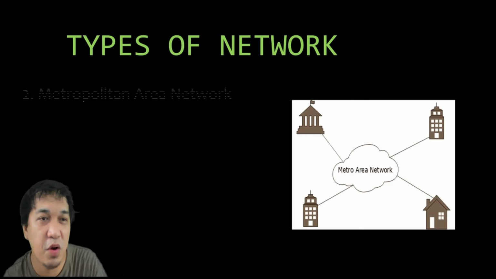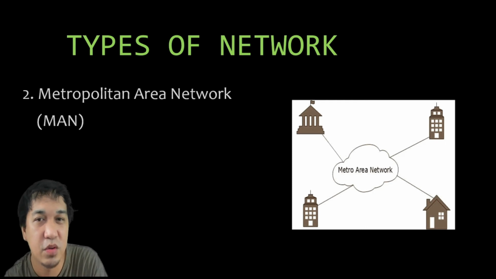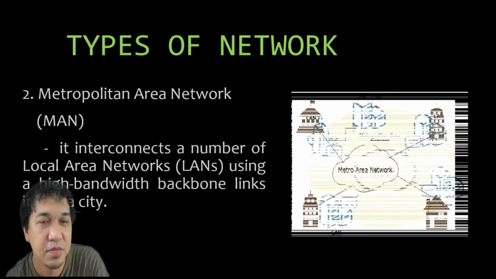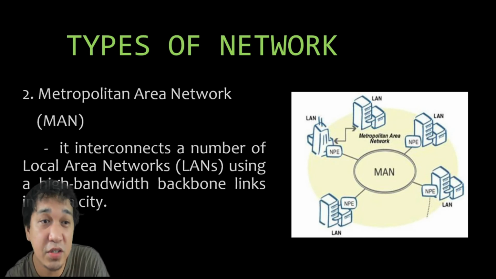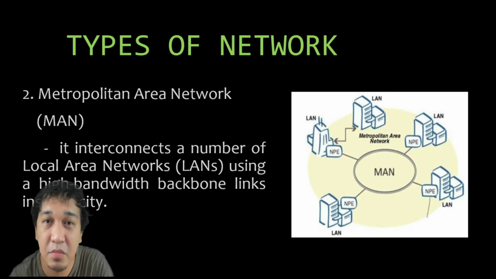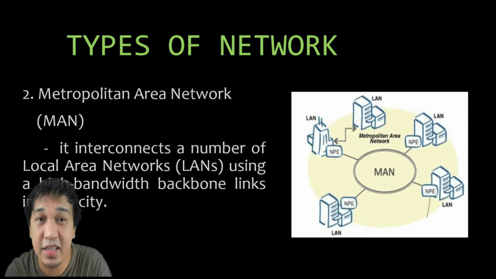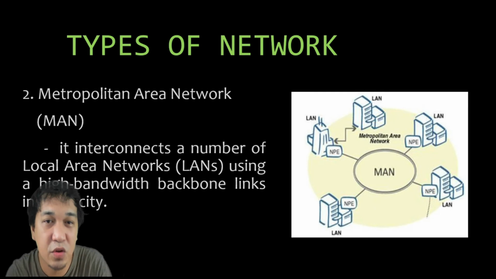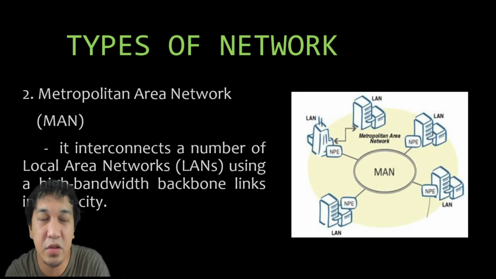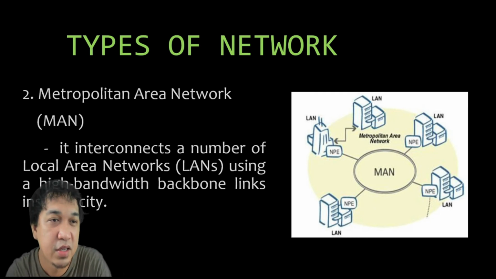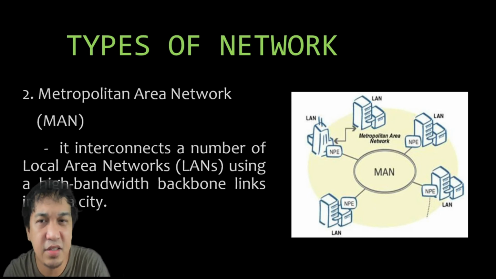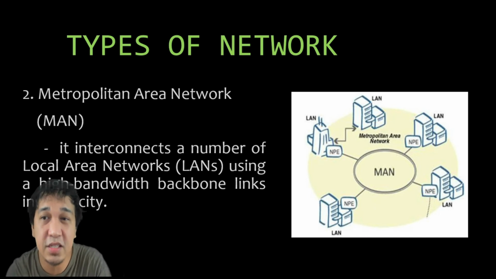Next is the Metropolitan Area Network, MAN. It interconnects a number of local area networks using high bandwidth backbone links inside a city. It connects computers within a metropolitan area, which would be a single city or multiple cities and towns.